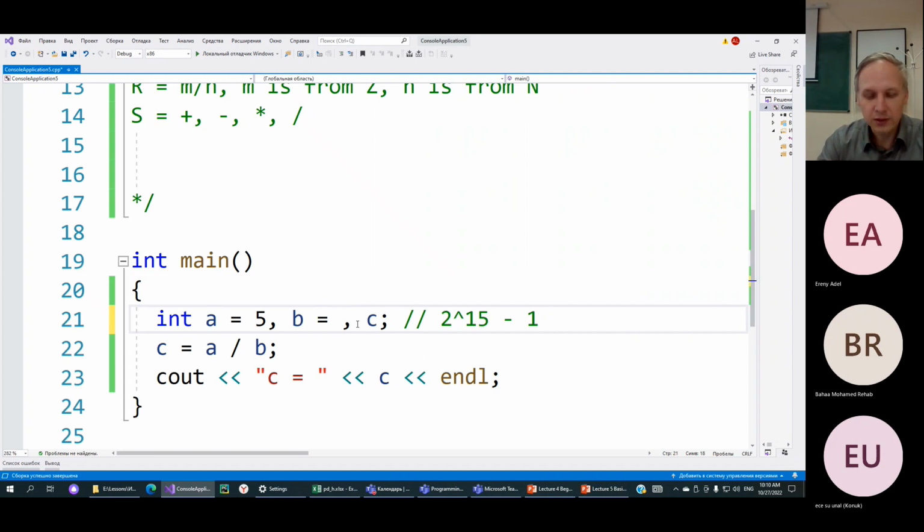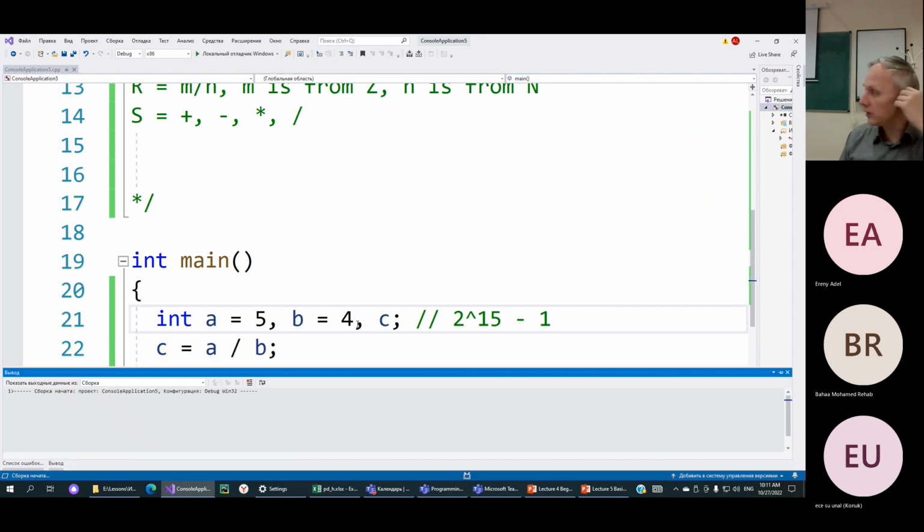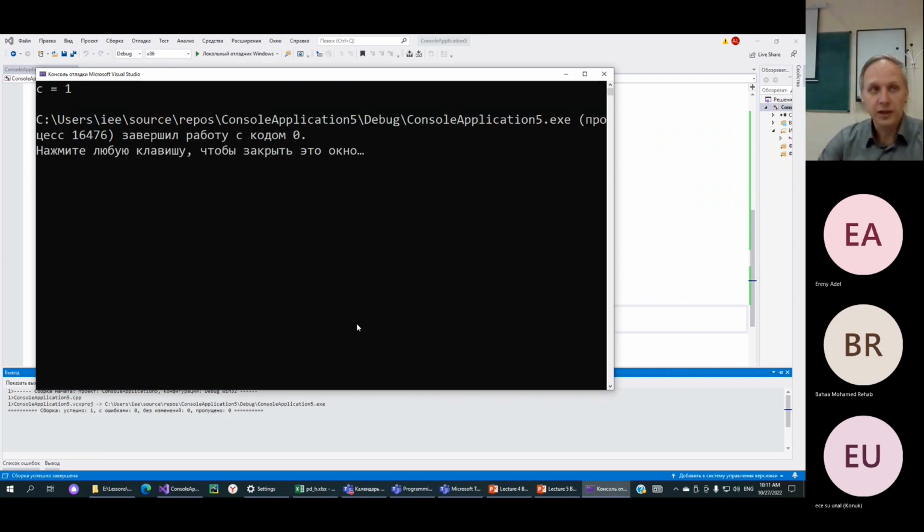What will be the result of the division 5 over 4? 1. The result is 1. Because the real result is 1.25, but here we will see only the integer.